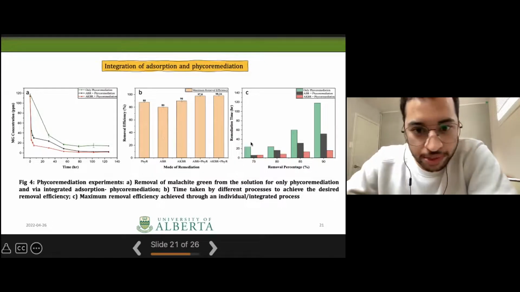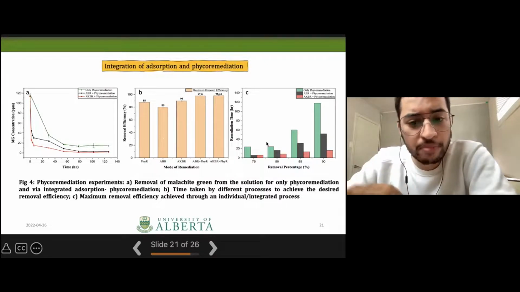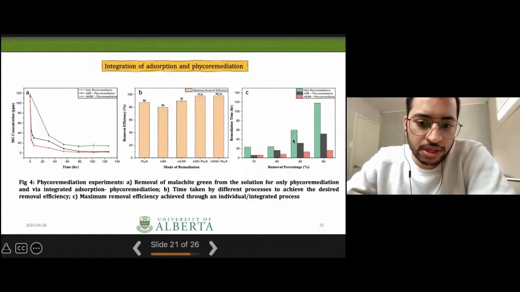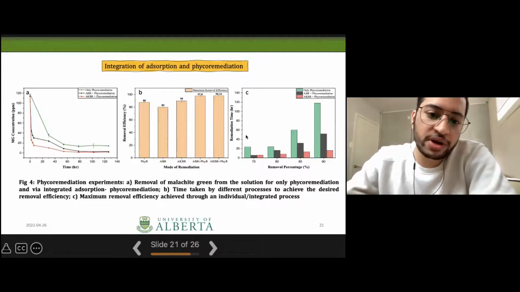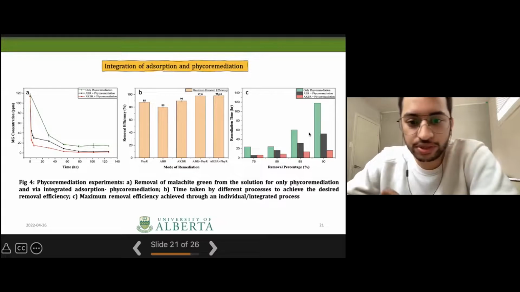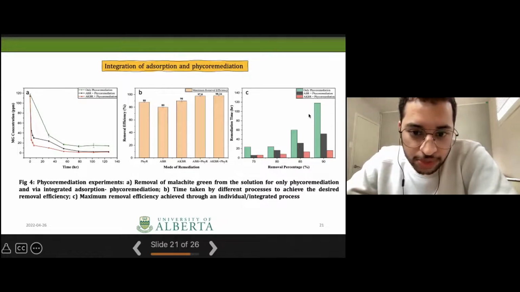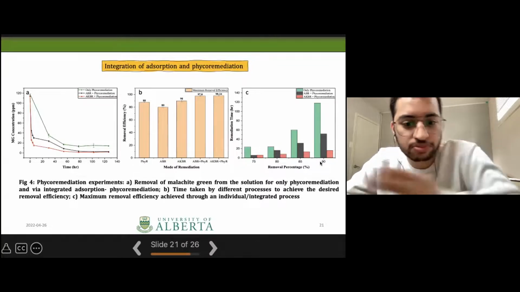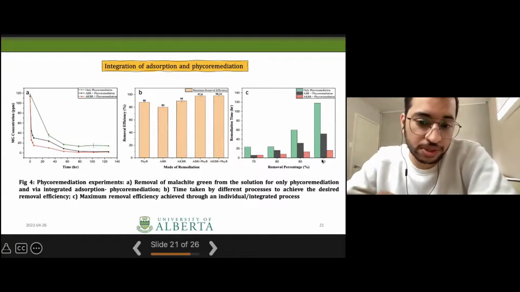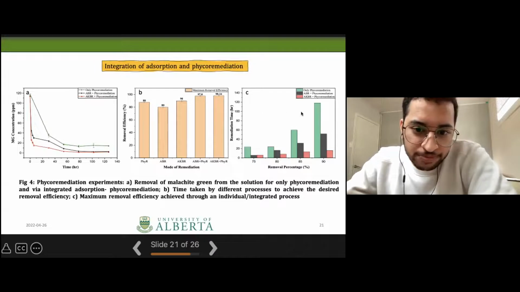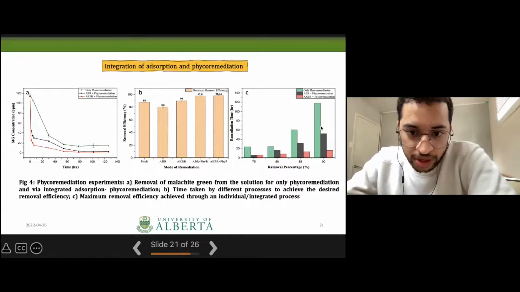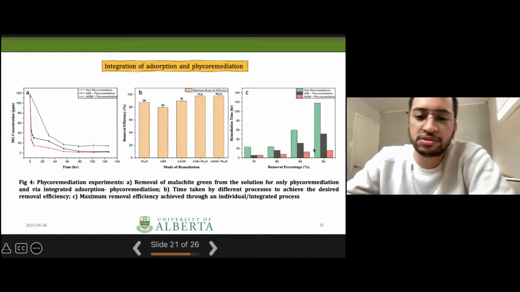Moreover, we also observed that when you combine both the processes, the time requirement for remediating malachite green decreases significantly. As you can see, for achieving 90% removal efficiency, the time decreases significantly when we combine both the processes.